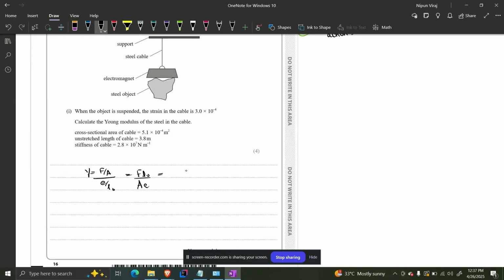Oh no, they have given the strain directly, right? Yeah, they have given the strain, so this is not the way to go.